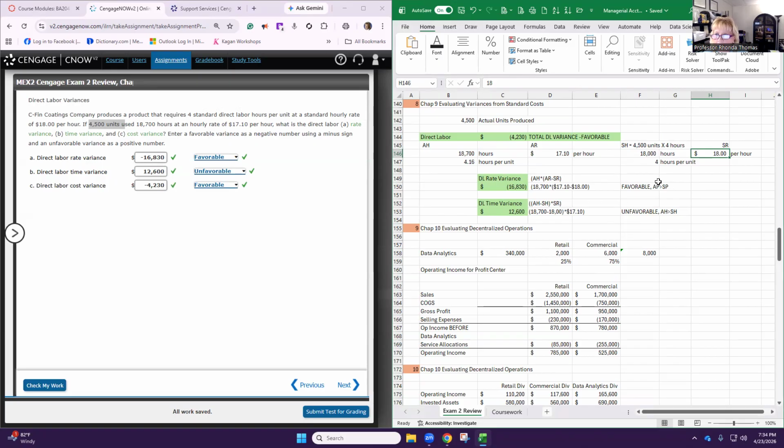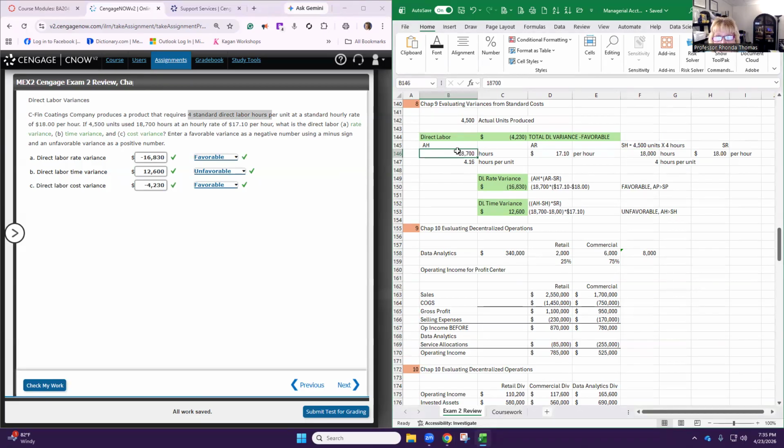Okay, so once again, we've got to figure out our standard hours. And once again, you have to use your actual units produced times the standard. So the standard is how many hours? It's supposed to be 4 standard direct labor hours per item. So if we made 4,500, the standard amount of hours should be 18,000, and that's pretty close to what we got actual.